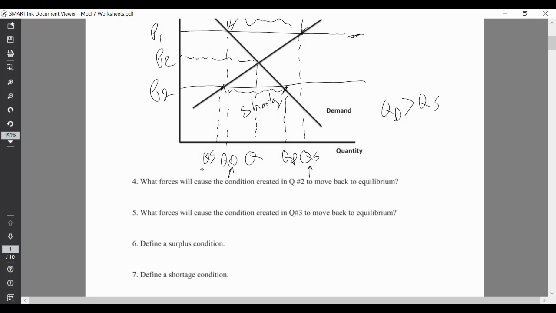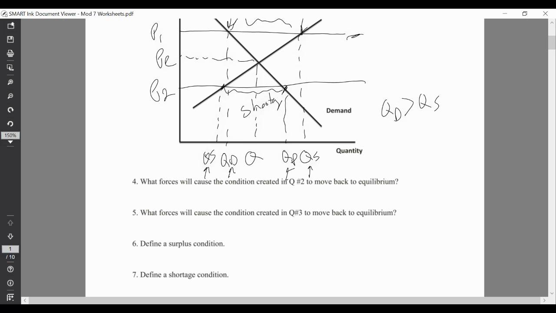And then this would be quantity 3 here, and this would be quantity 3 here. So what forces will eventually cause the conditions created in quantity in, oh no, I'm sorry, that's question 2. Question 2 to move back to equilibrium. And question 2 was to create with the price above it. I'm sorry. Eventually, sellers will compromise and offer more to sell, and buyers are willing to buy more. So closer to the previous equilibrium.